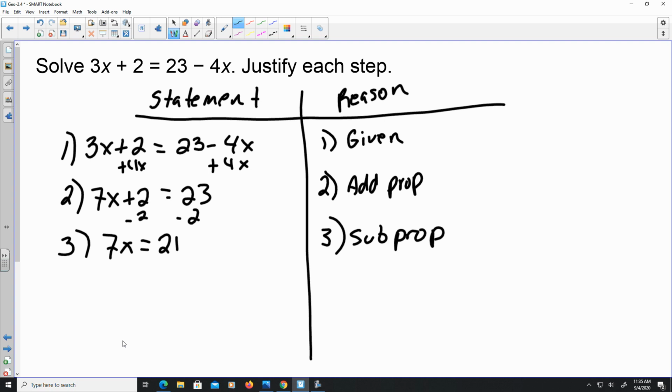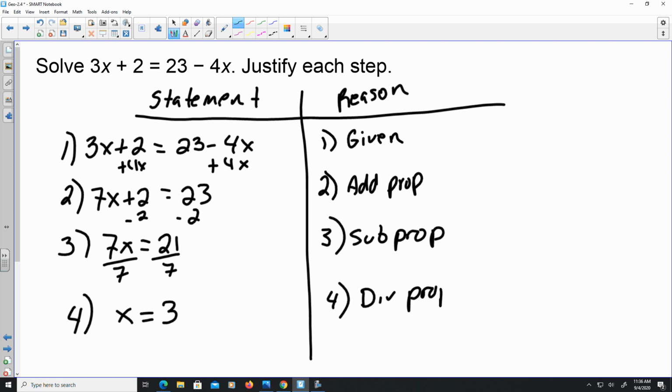And then next thing, to get x by itself, I'm going to divide 7 to both sides, which then leaves me with x equals 3. 3 is the result, and the reasoning for that is because I could use the division property of equality. So you're just stating what you did to get to the next step.